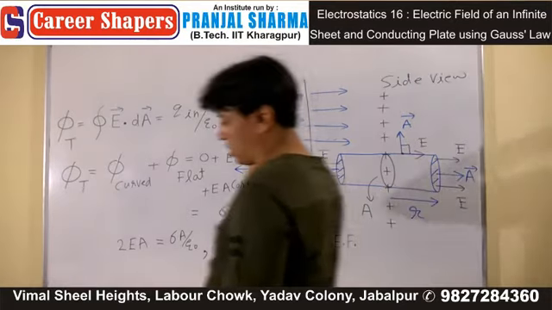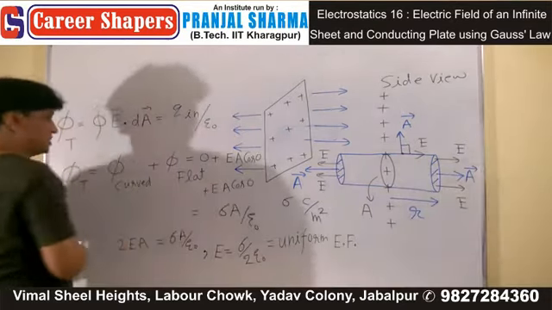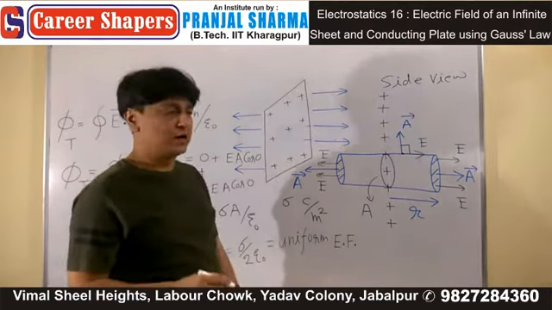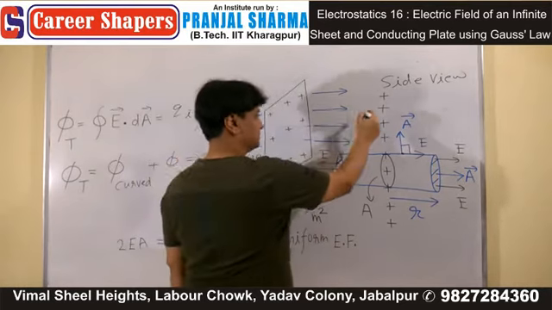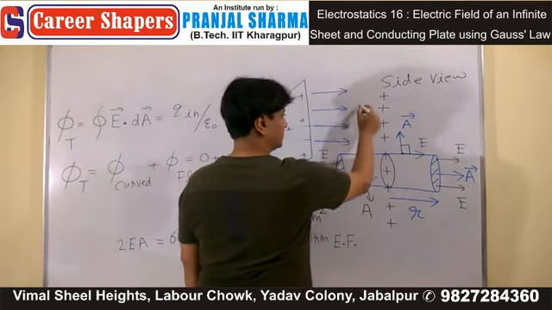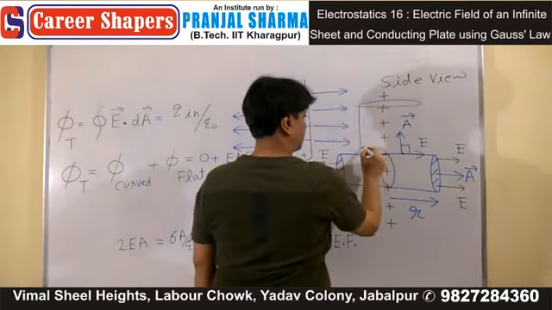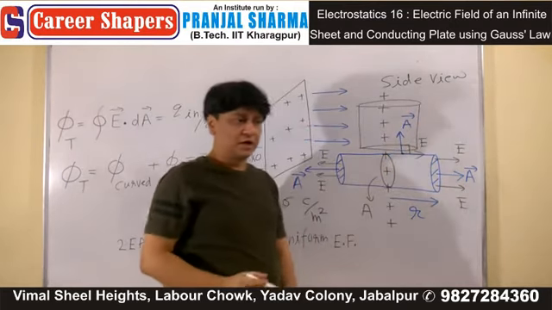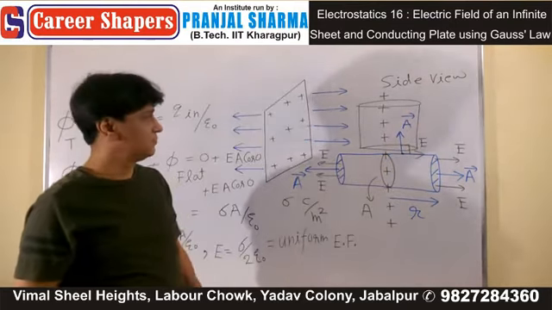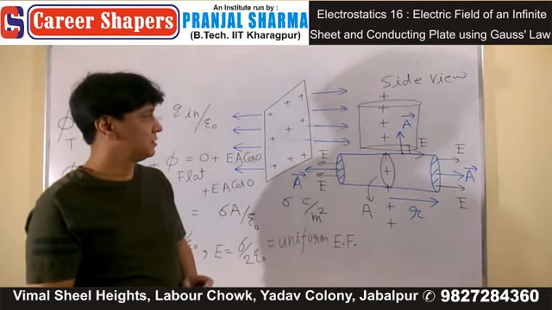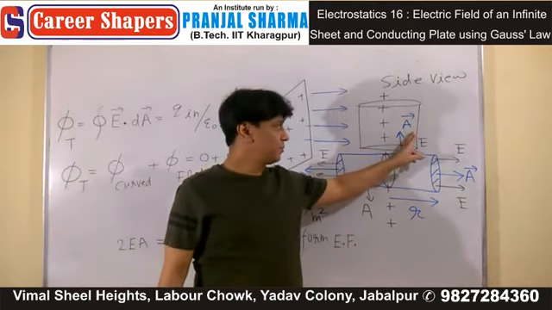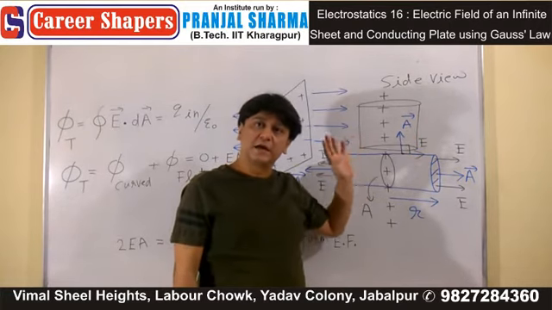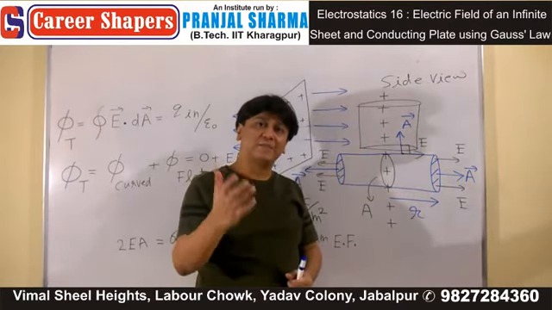No, you cannot draw a vertical cylindrical Gaussian surface. If somebody draws a vertical cylindrical Gaussian surface like this, I hope you can see it, then every point of this curved surface is not at the same distance.